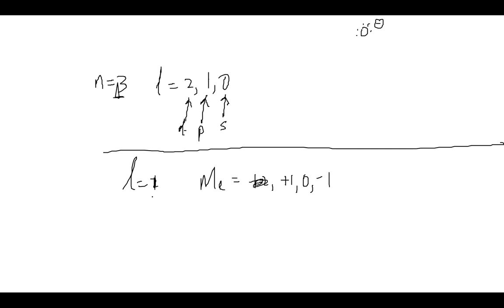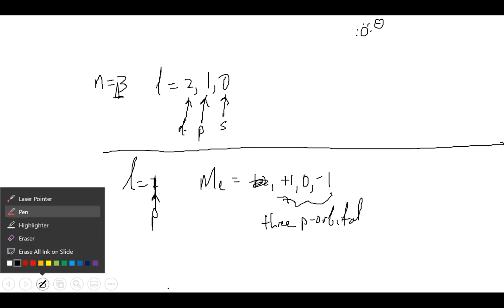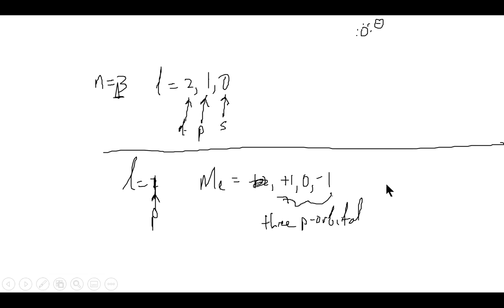So therefore, what that tells you is that for L equal 1, which represents the p subshell, there are 3 p orbitals present, right? There are 3 p orbitals present because each of these ml values represents a p orbital, all right? So that's how we interpret the ml values. The number of ml values actually gives you the number of orbitals present within a particular subshell.